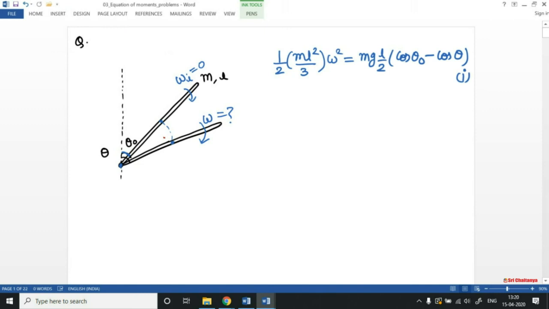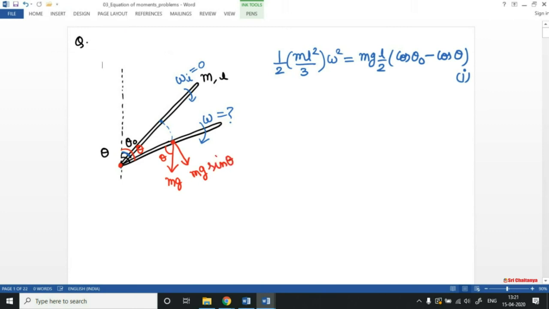So now let's use some other color pen. So omega we have got, and using the equation of torque, at this instant what force is acting? So this is mg. When we write the equation of torque, this angle is theta, so this angle would be theta as well. So we will have two components of mg, that would be mg sine theta component over here.